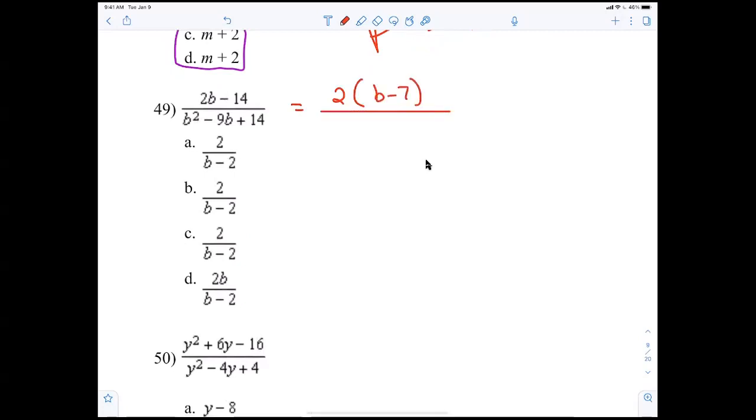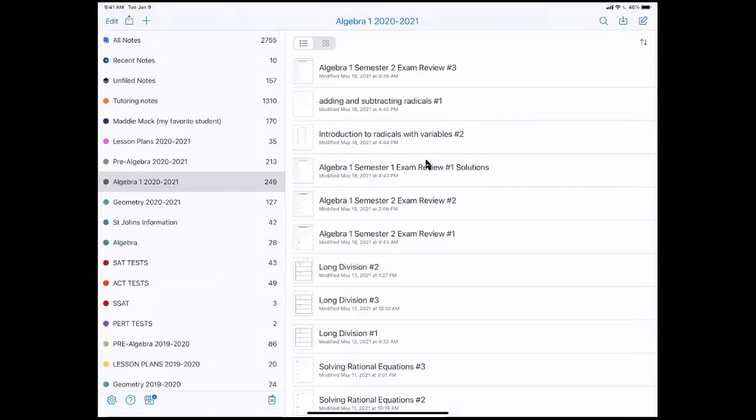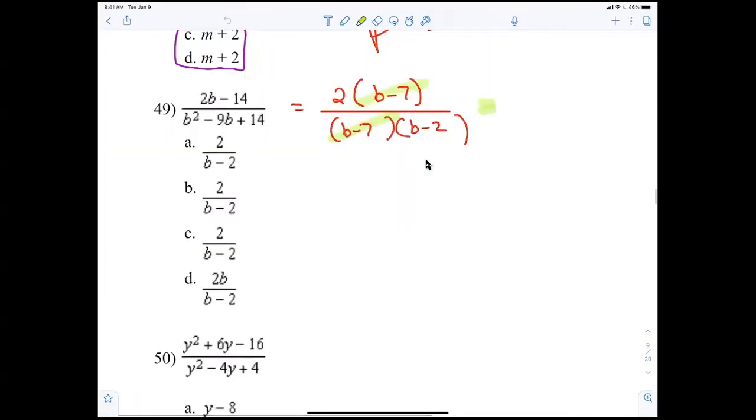And now the denominator is factoring to B minus 7, B minus 2. So now what happens to the B minus 7s? They cross out. So everybody can tell me now. Gray, what do we got? A, B, or C? 2 over B minus 2.